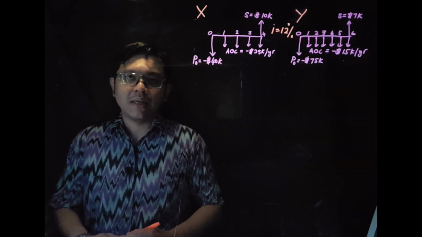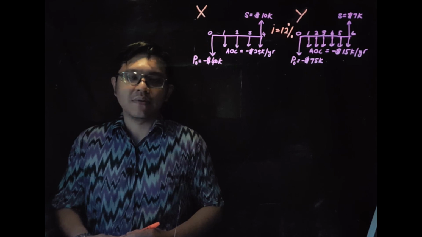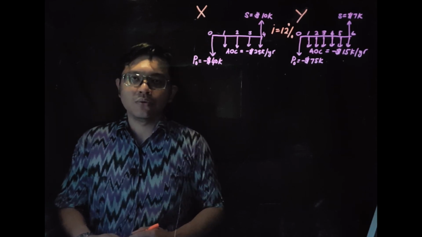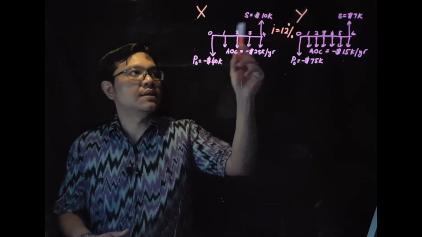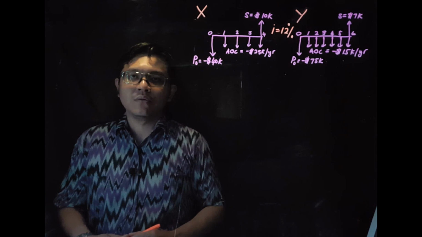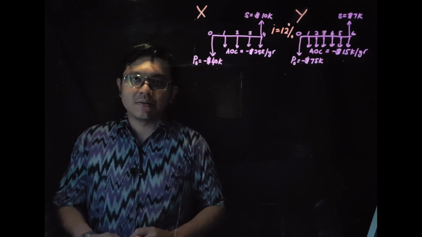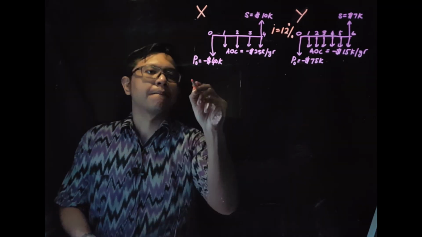We want to apply the annual worth analysis to determine which of these equipments is more economical. What we are going to do is convert these cash flows into annual worth values, compare the annual worth values for both alternatives, and then make our decision. So let's first find the annual worth value of equipment X.